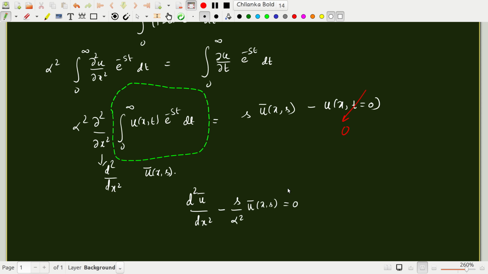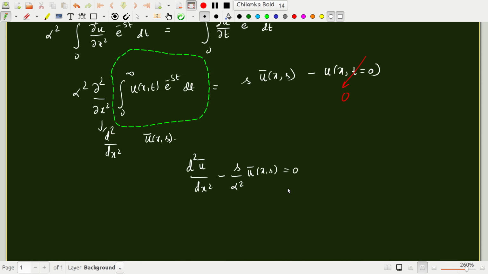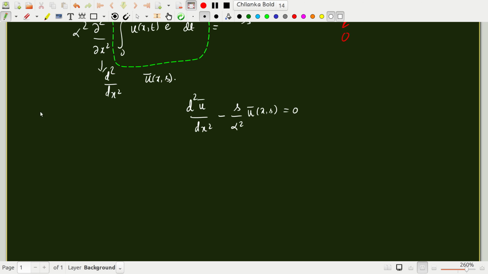And this must be supplemented by boundary conditions. The boundary conditions are also Laplace transformed. Now let's first consider the boundary condition as x goes to infinity.